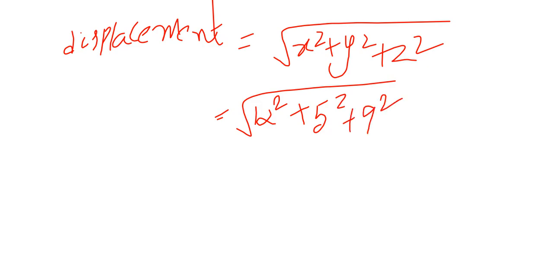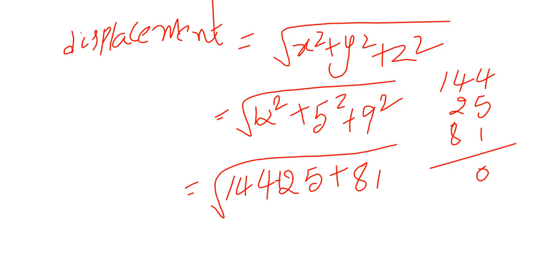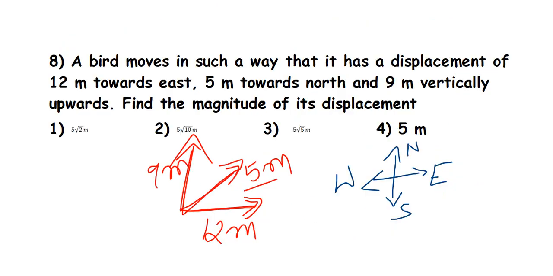Its value is 12 12s 144, 5 5s 25, 9 9s 81, and its value is 250. Root 250. So its value is 5 root 10. Option second one is the correct one.